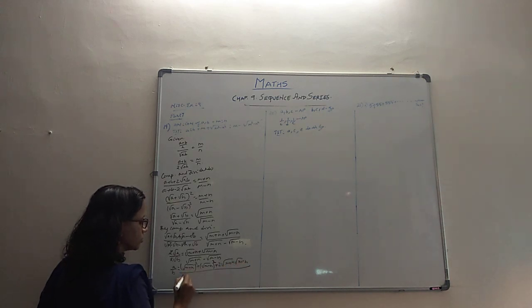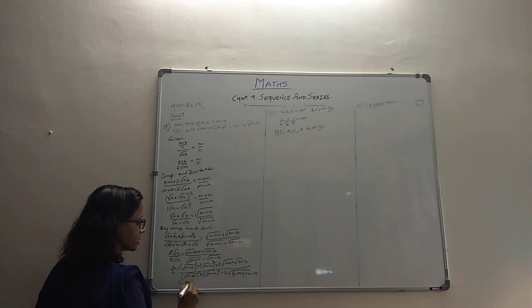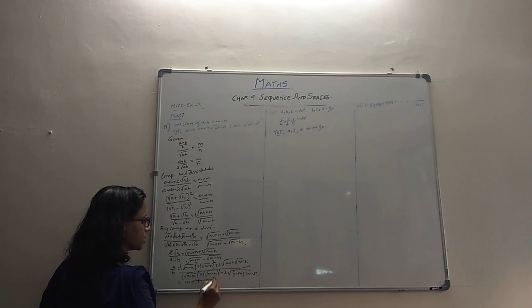Same in the denominator, with a minus sign. This we know, square and root will cancel each other. So m plus n, m minus n, 2 times root of m squared minus n squared here, and the same here with the minus sign.